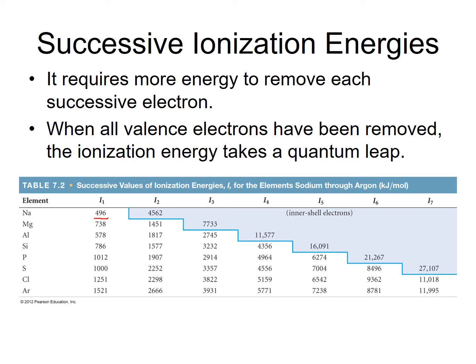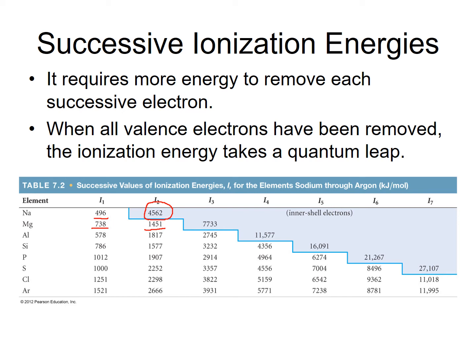Look at sodium, 496, and then the second ionization energy here, I2, is almost 10 times as big as the first ionization energy. Then we look at magnesium, 738 for the first one, 1451 for the second one. That seems reasonable; this is about twice as big.